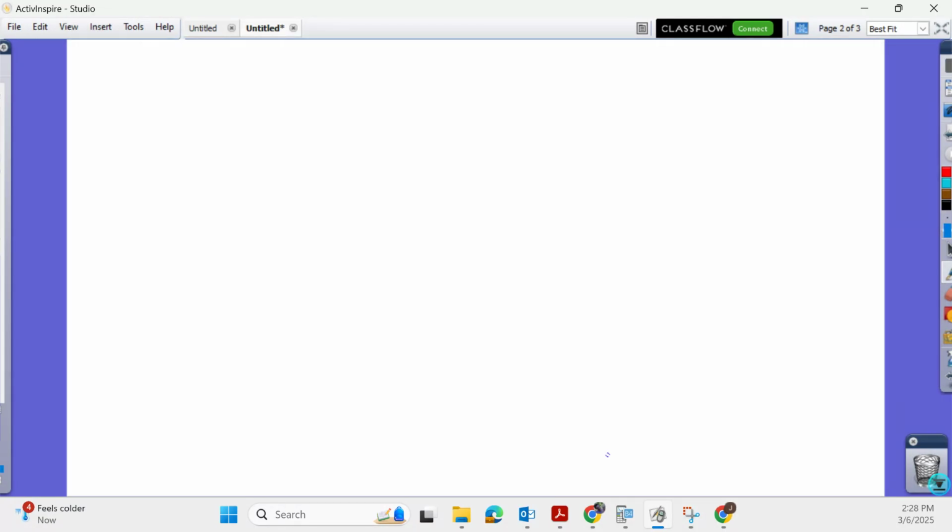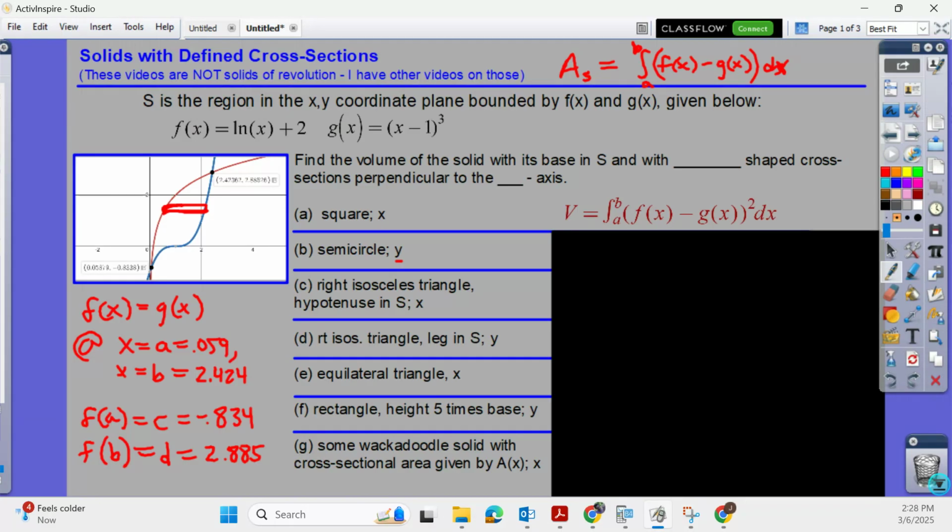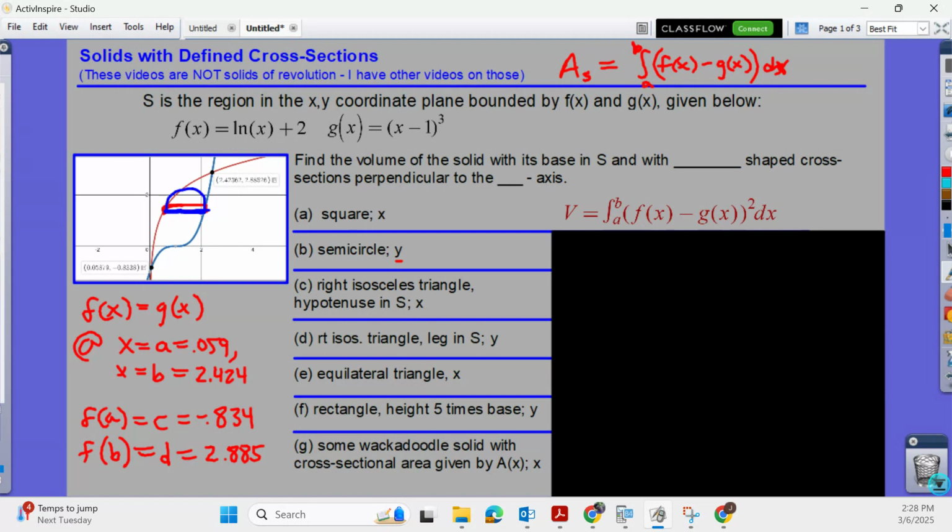The area of a semicircle, that's a semicircle that I'm drawing there, is 1/2 pi r squared, right? But the thing is, on our semicircle, we don't have the radius. We have this length here, and that's the diameter of the semicircle.